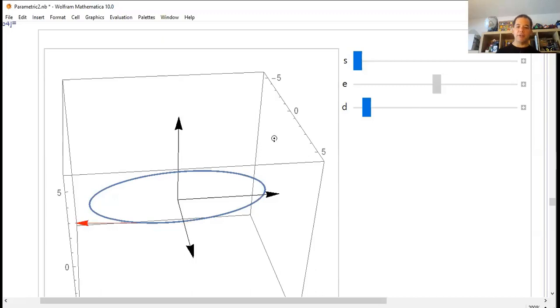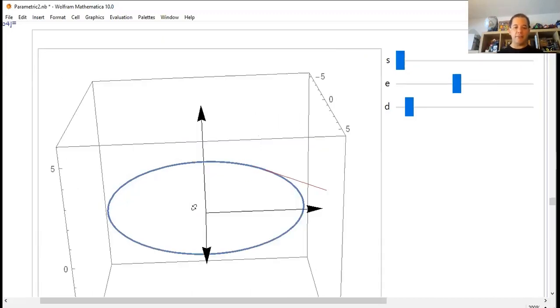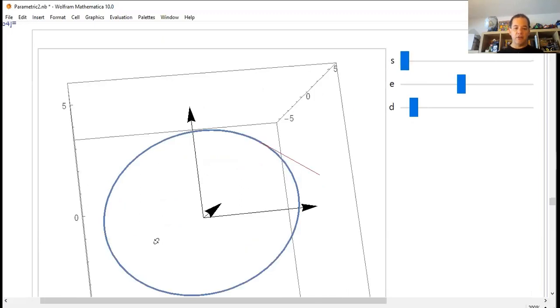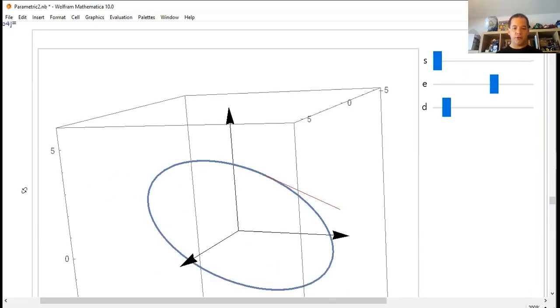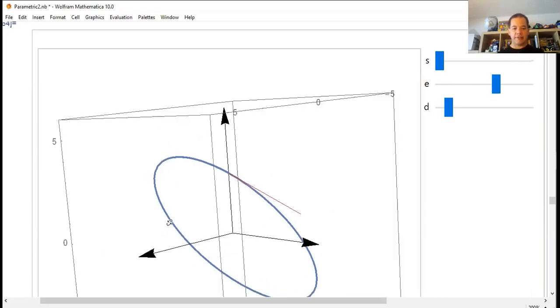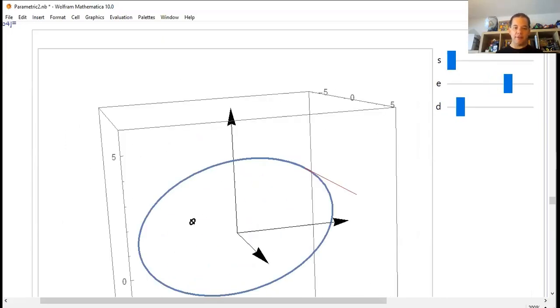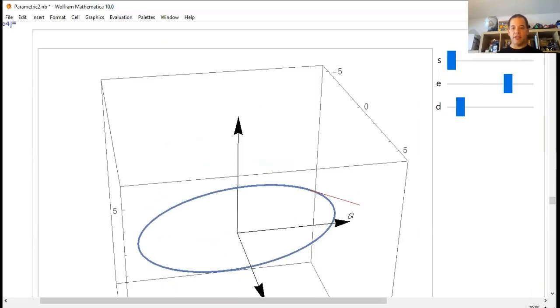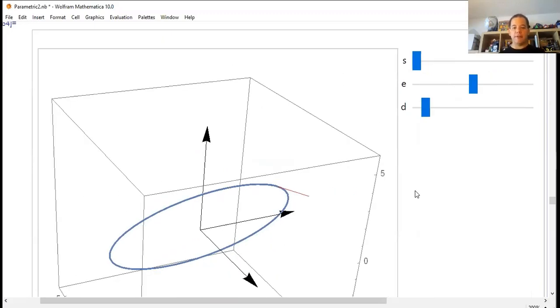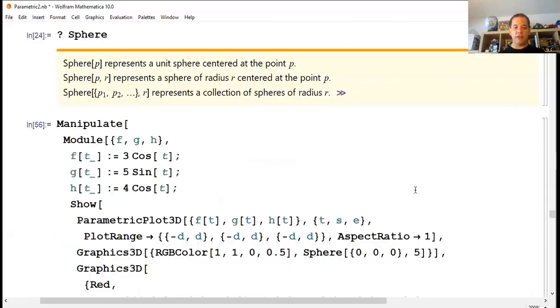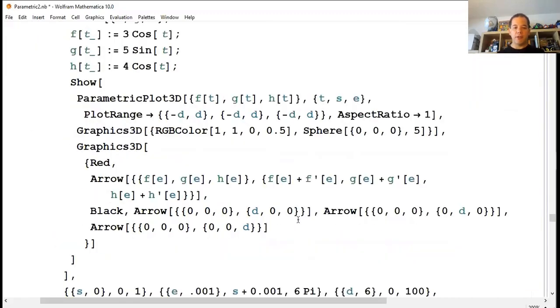Now, how can we tell it goes on top of a sphere from this graph? Well, it's not clear, right? Because it looks like a circle, but we're not quite sure, right? Like a slanted circle, a slanted circle in free space. And we can't really tell, except I can actually, so here's the same one, but this time I'm also drawing the sphere.